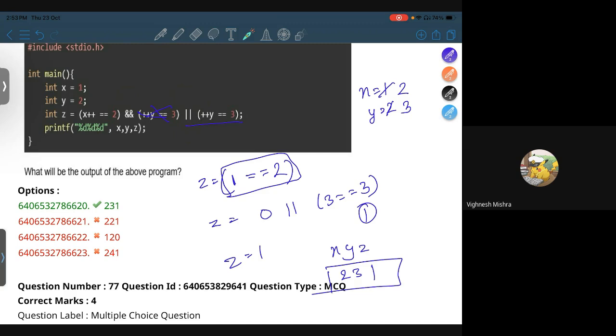So we should revise this and then try attempting these questions. Otherwise, we'll only make guesses. I think in the case you were putting forward, x++ equals 2 will be false, but because there's the OR, it will do the second bit of it. So if this becomes OR and even if this becomes false, this will somehow get evaluated. And only if this is true will this get evaluated as one, right? Okay.